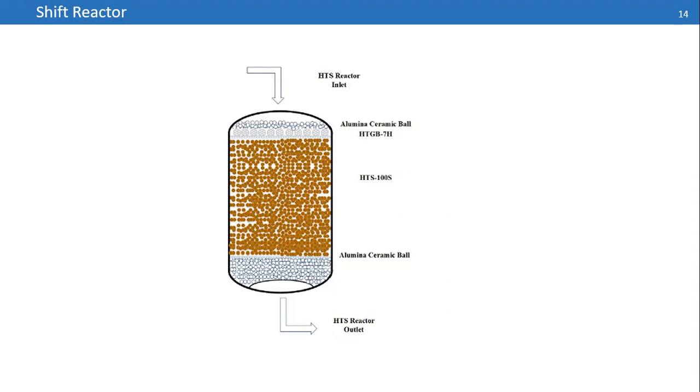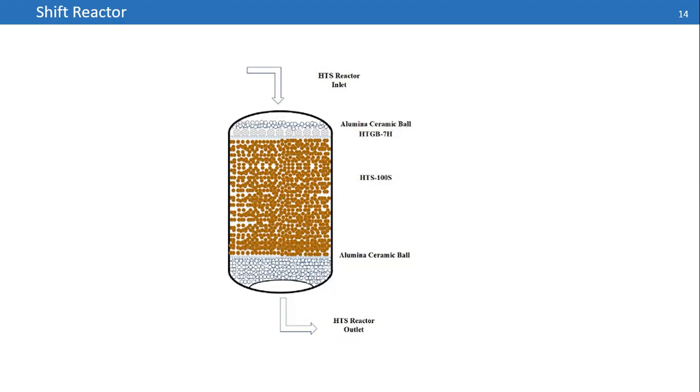The carbon monoxide will react with water and be transferred to hydrogen, but we have a thermodynamic limitation. Since we have high temperature, we have the problem of thermodynamic limitation. What can we do in this regard?